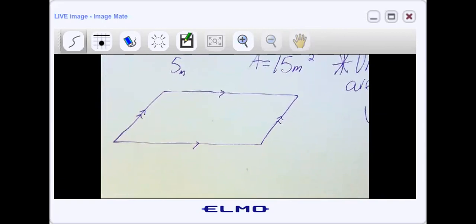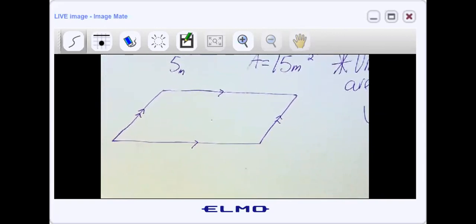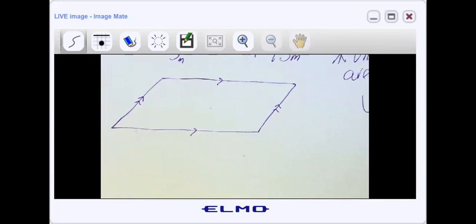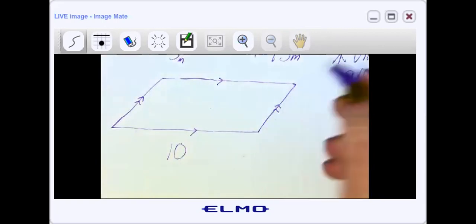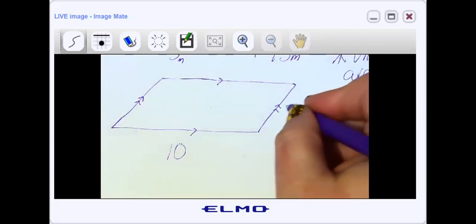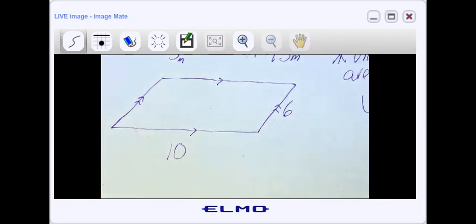Please pay attention because this is super important. The area of this thing is absolutely base times height. All parallelograms have that same formula, base times height. The problem is, if I told you, let's say that the bottom is 10, and this side right here is, who cares, 6. The area of this thing is not 60.